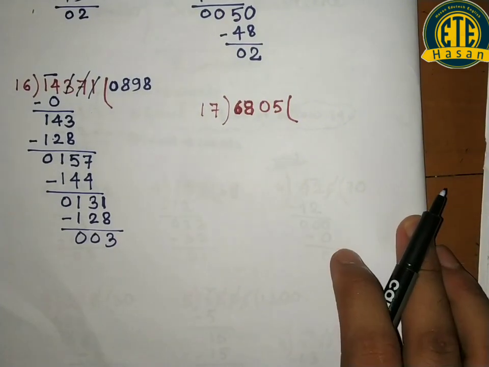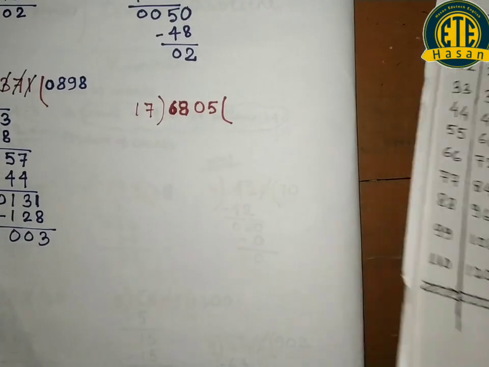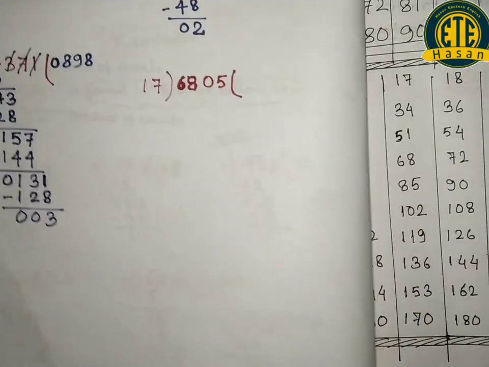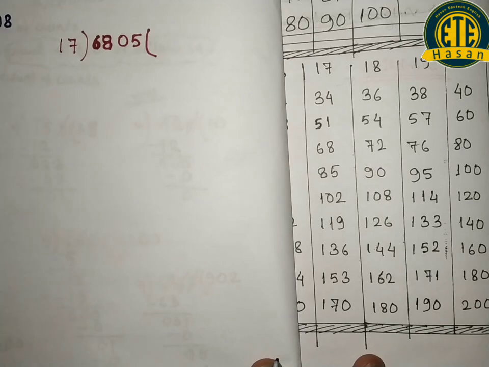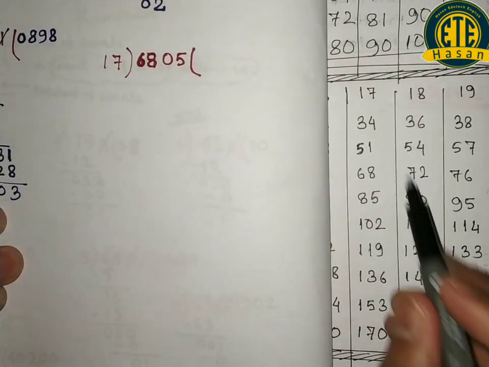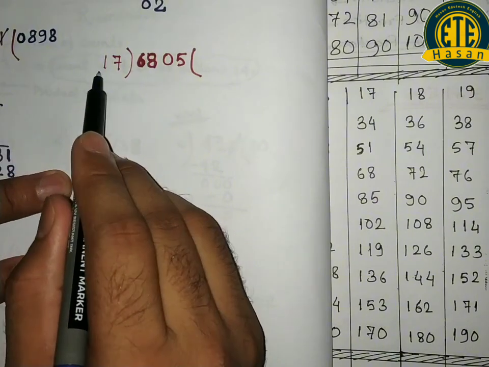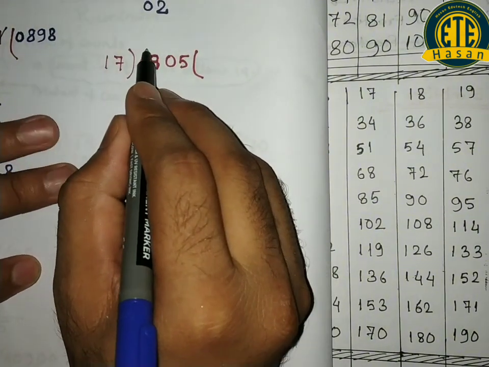So here is the division by 17. Where is the table of 17? Can you see the table of 17? Yes, here is the table of 17. We have to divide by 17. Here 17 is a 2 digit number, so I will take a 2 digit number here.